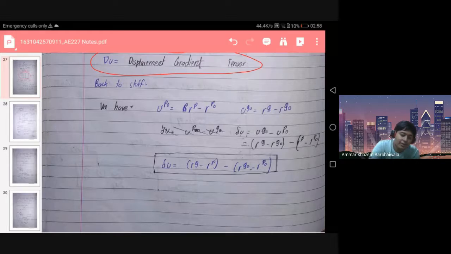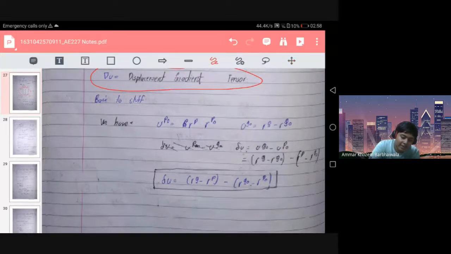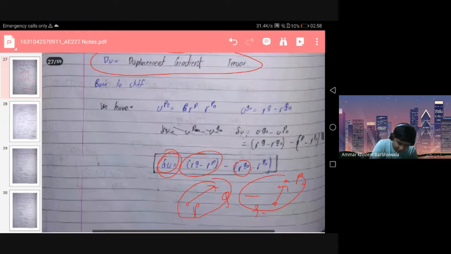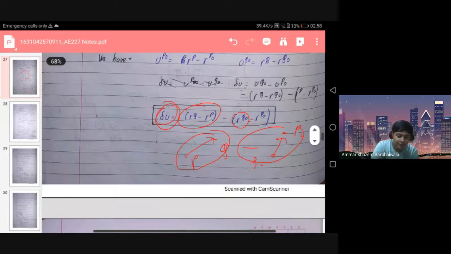So RP and RQ are the final positions of P and Q, and RQ naught is the original position of Q naught, and this is P naught. So the subtraction of two vectors gives me this delta U vector.